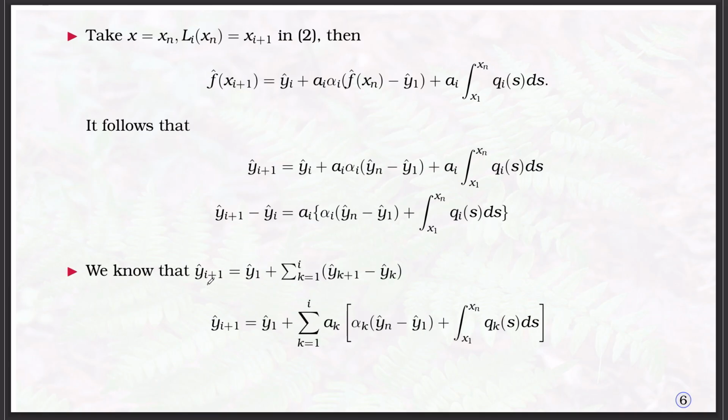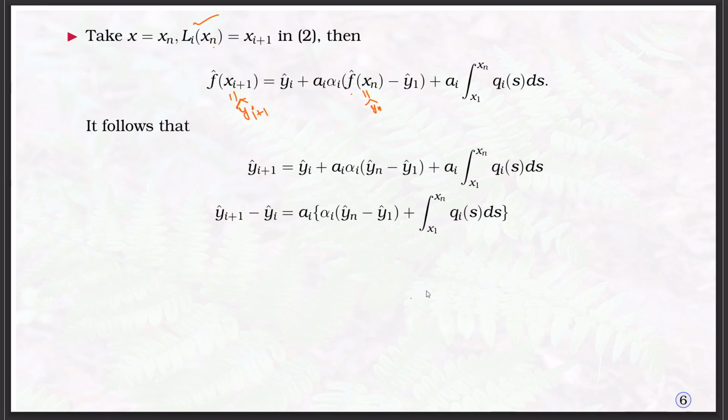Then we know that yi plus 1 can be written in the form of y1 cap plus the sum of y cap of k plus 1 minus y cap of k. So one can get yi cap from here, y1 cap, and instead of y cap k plus 1 minus y cap k, you can replace these terms. Then this term becomes the summation.